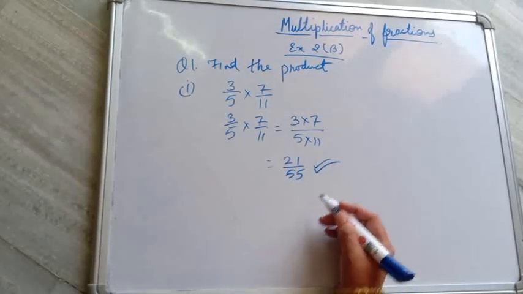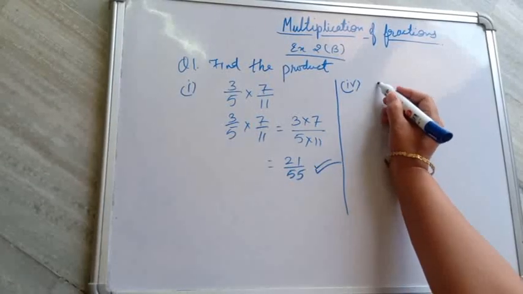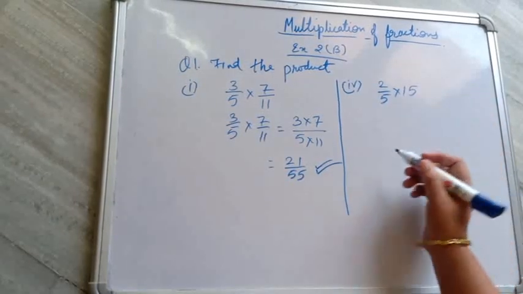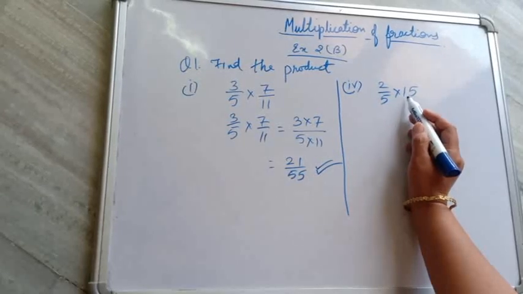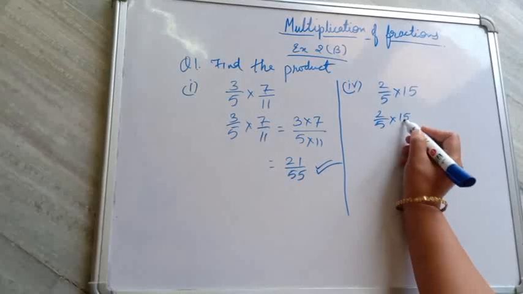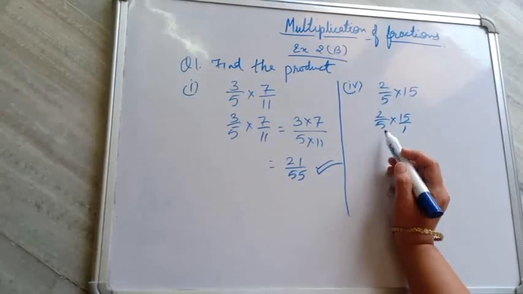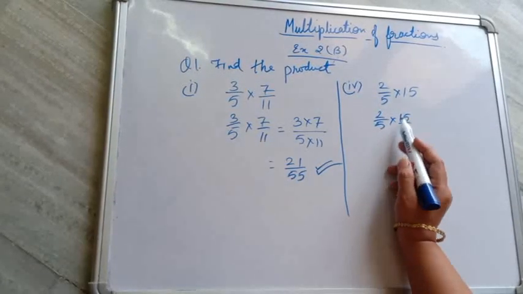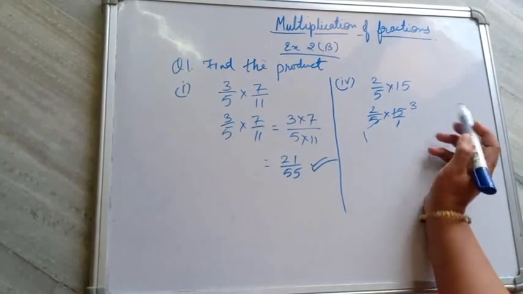Next, the fourth part of the question is 2 by 5 multiplied by 15. As we have done in an example, if there is nothing in the denominator, we can write 1 there. So 2 by 5 multiplied by 15 by 1. Now as we can see, 15 is divisible by 5, so we can cancel them. 5 1s are 5, 5 3s are 15.